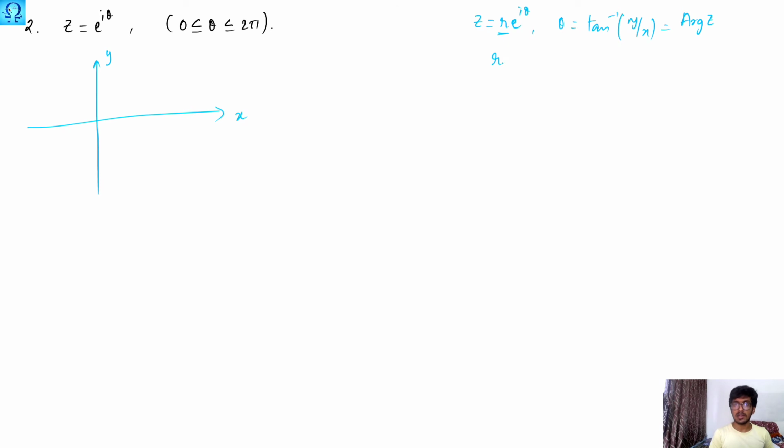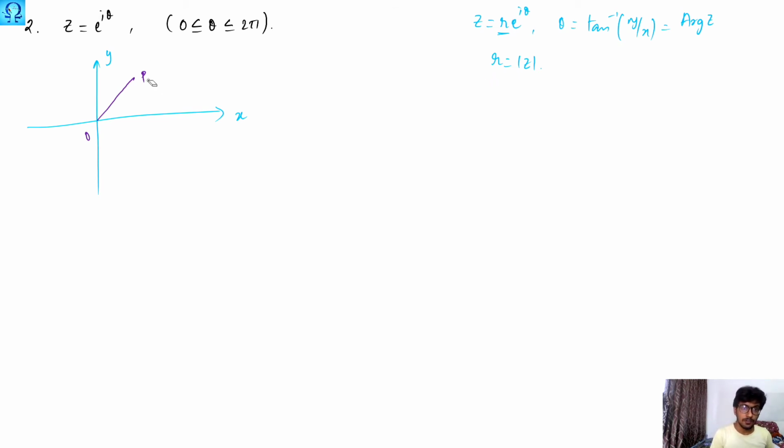And this r is the absolute value of z. If you are about to take some point in the space and connect it with the origin, this distance is the value of r, right?